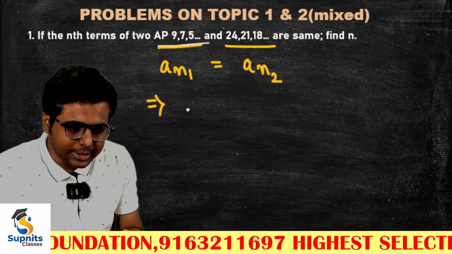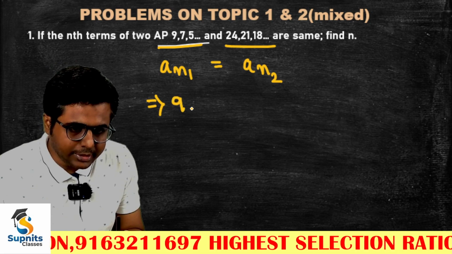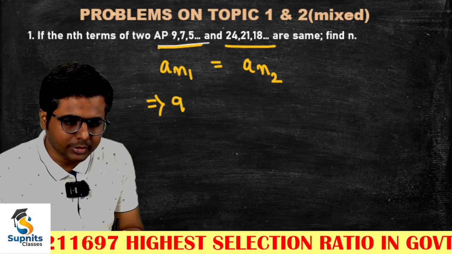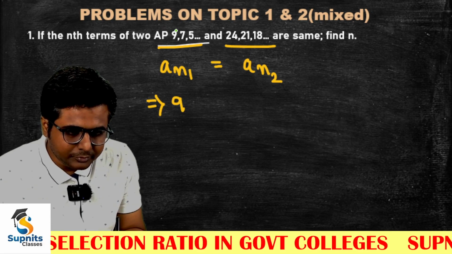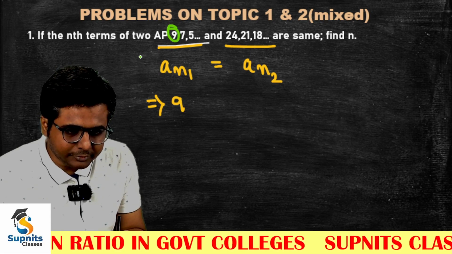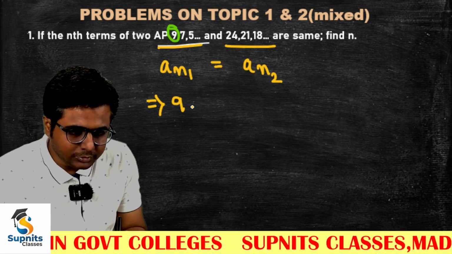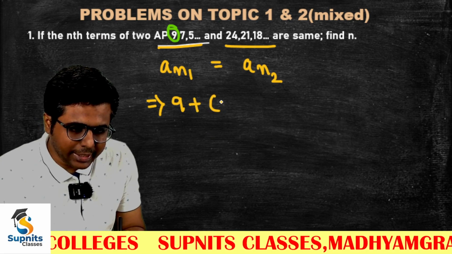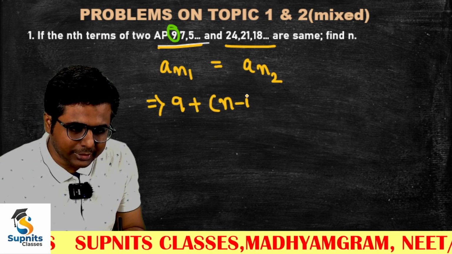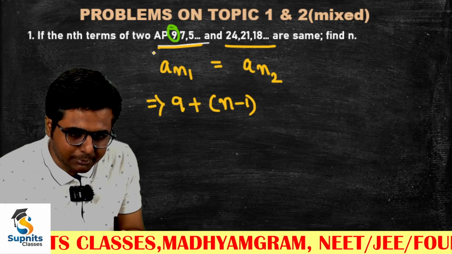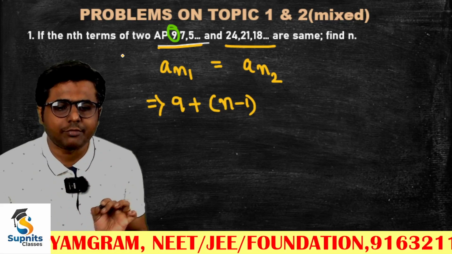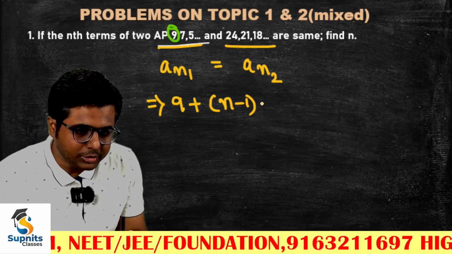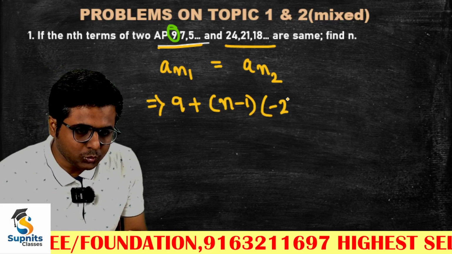In this case, see, this is 9, this is A1, try to follow, 9 plus the nth term, that is n minus 1 times D. What is D? A2 minus A1, 7 minus 9, so I can put minus 2.